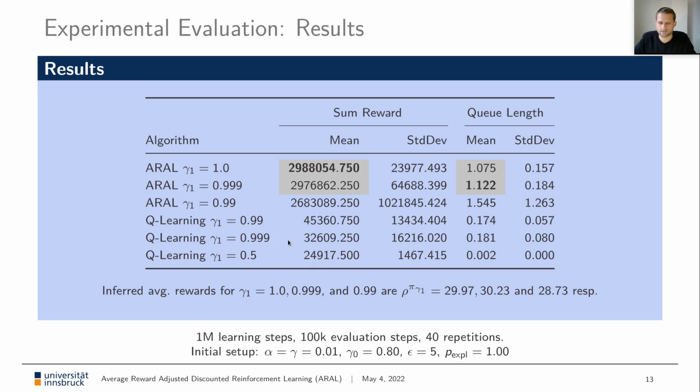The second takeaway here is that we can set the discount factor to 1 as noted before, which is not allowed in Q-learning, and setting a lower value for the discount factor is no remedy in Q-learning, as you can see here. The learned average rewards, where 30 would be optimal, are almost optimal.